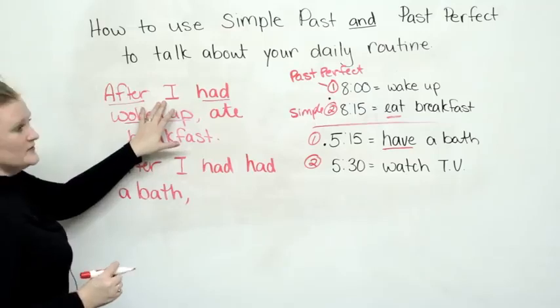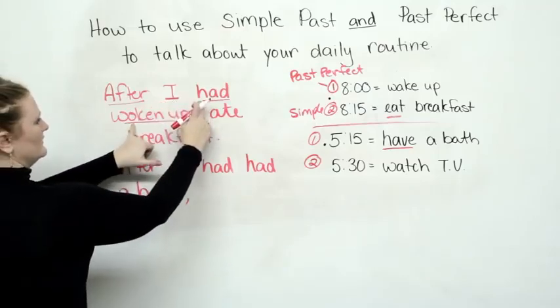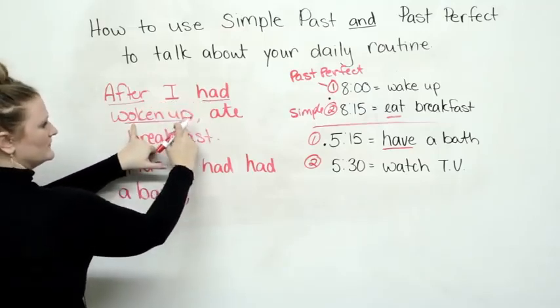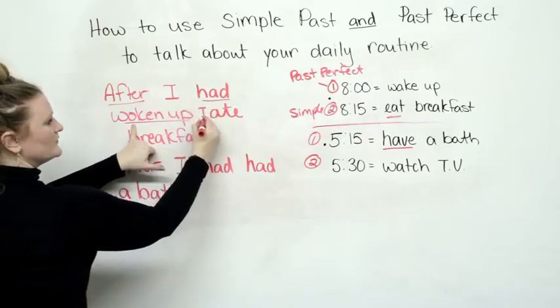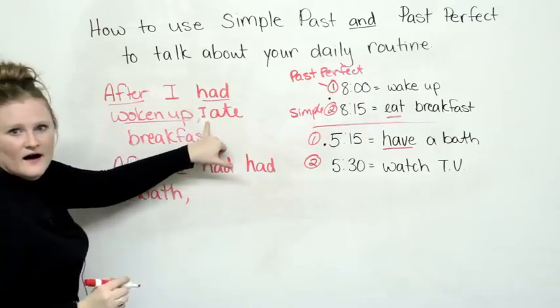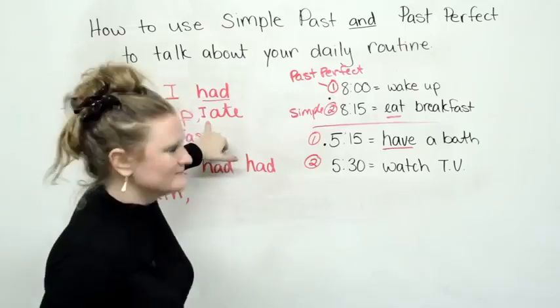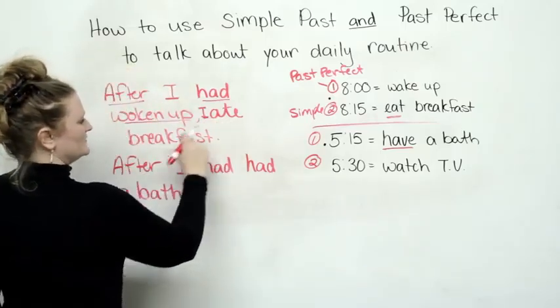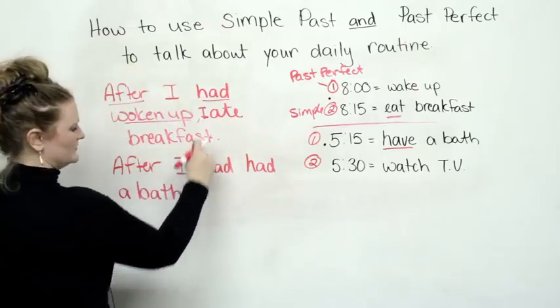It's the exact same as this sentence. After I had woken up, then we need the subject. We have to put in I. I forgot the I. I ate breakfast. So again, we need the subject after the comma.